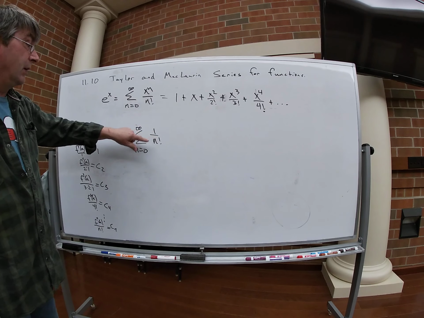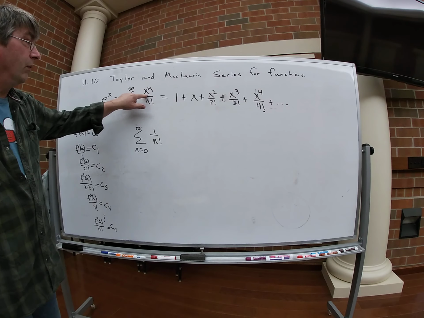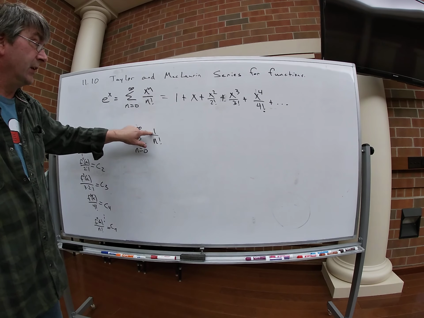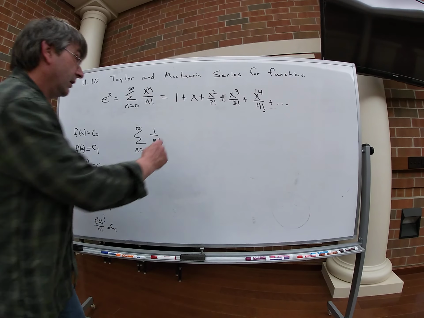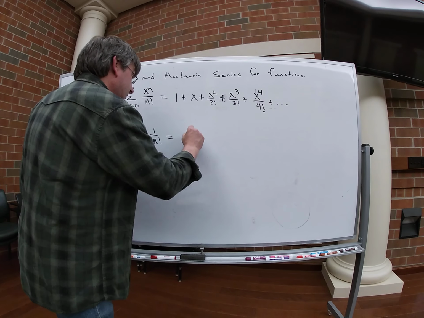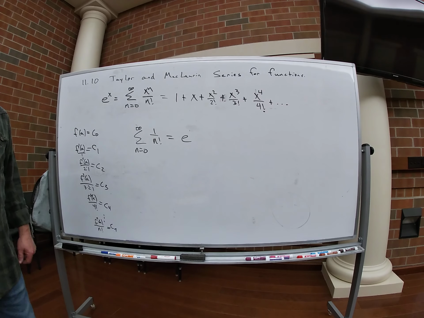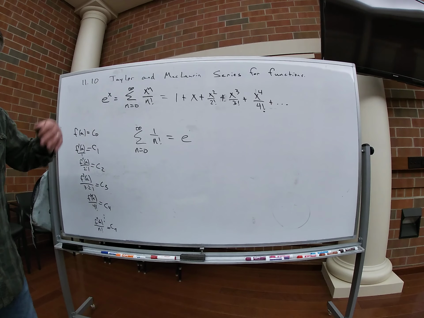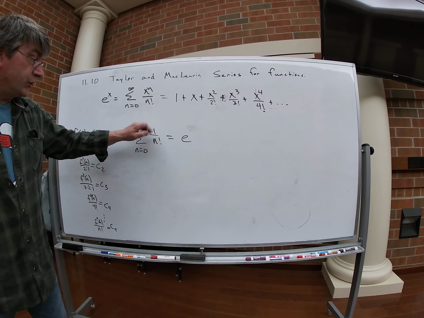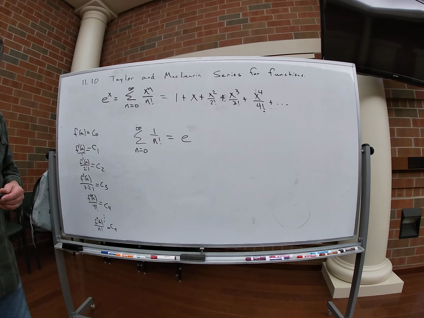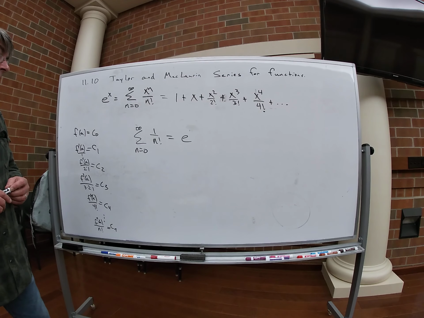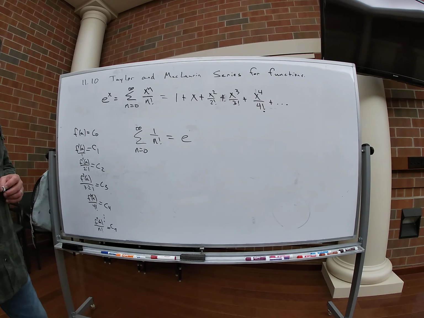But now we know it converges to e to the x, where x is 1. Okay. So this actually adds up to e to the first, or just e. So if you ever need to approximate the number e, you can add up 1 over the factorials. The farther you go, the smaller this number gets. You can get as close as you like to e. Okay. Slick.